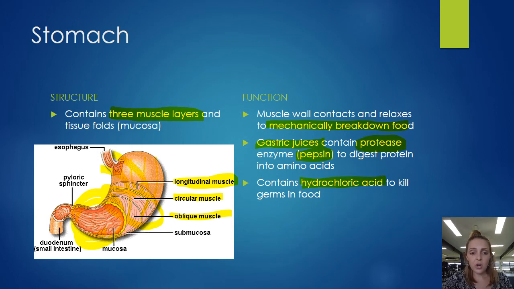It's very, very strong, and it kills any bacteria that's in our food before entering the digestive system. Hydrochloric acid is obviously acidic, so it's got a low pH, and it's going to cause some problems if we don't neutralize that throughout the process of the digestive tract. We'll get to that as we move on.